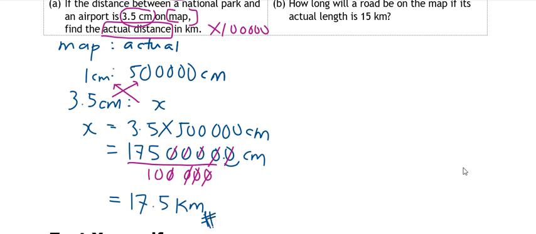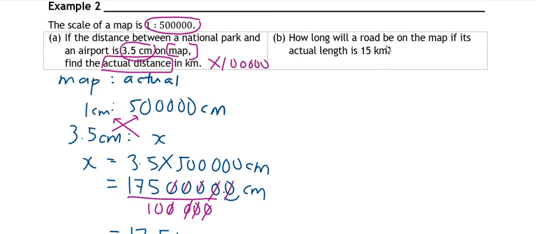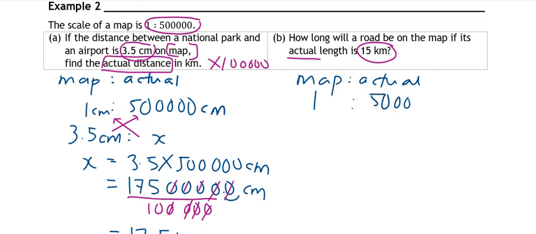Right, so let's have a look at the next part, which will be part B. Okay, how long will a road be on the map if its actual length is 15 kilometer? So here, you will use the same technique over here. You have to remember this. Map is to actual, so your scale will be 1 is to 500,000.